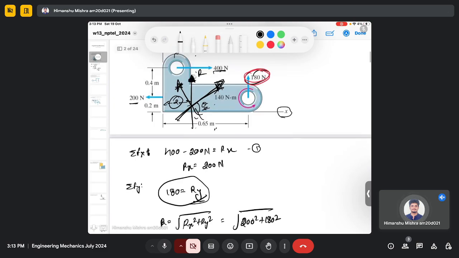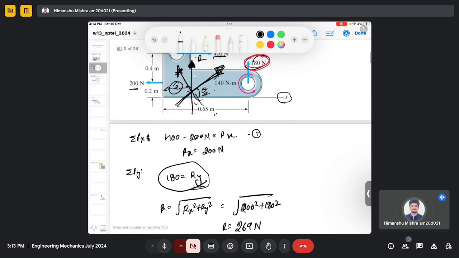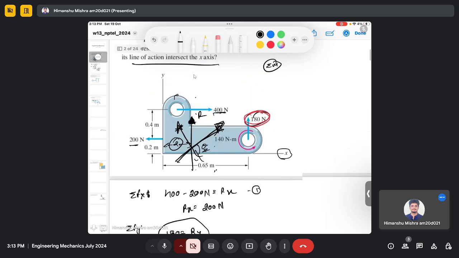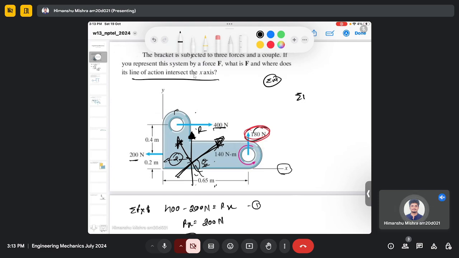Now to calculate the distance of this resultant force, which is 269 Newton, we will use the moment equilibrium equation, because it will account for the perpendicular distance. So just to recap, the moment equation in the scalar form can be given by overall force multiplied by perpendicular distance.